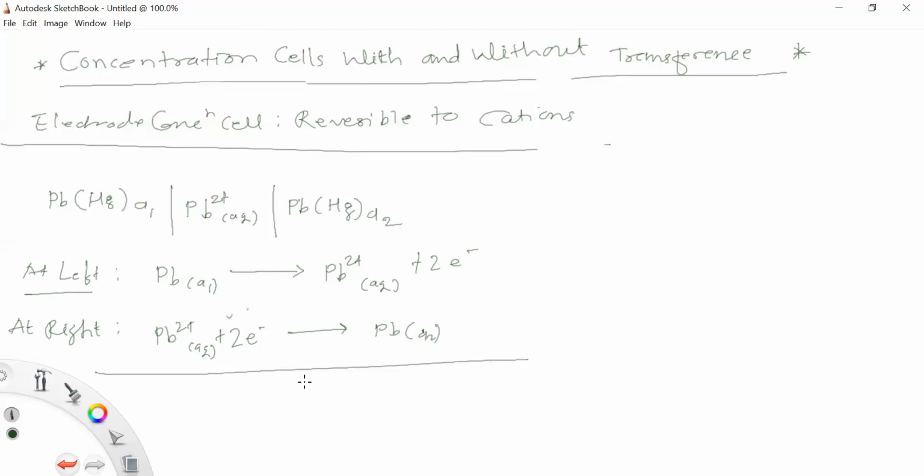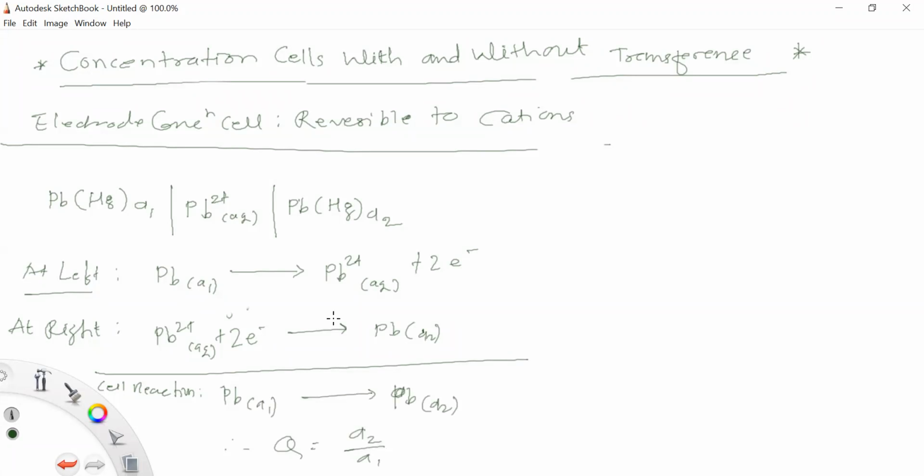So the overall cell reaction is Pb of activity A1 going to Pb of activity A2, because the Pb2+ terms get cancelled. Therefore the reaction quotient is A2 by A1.